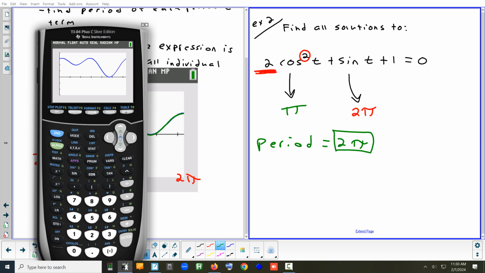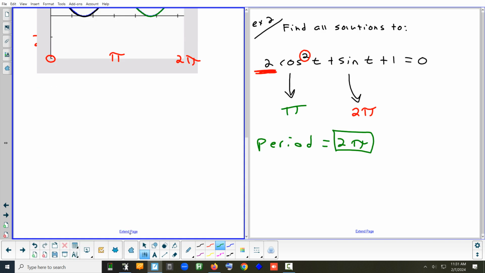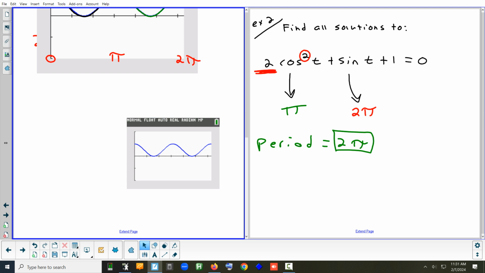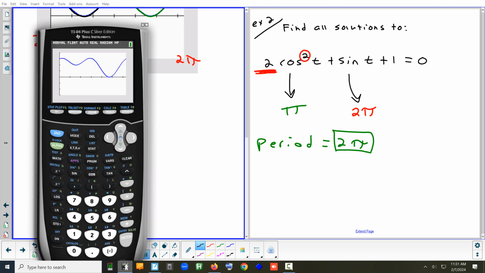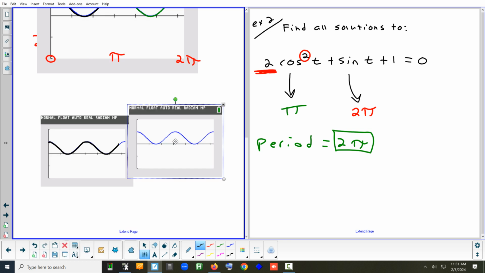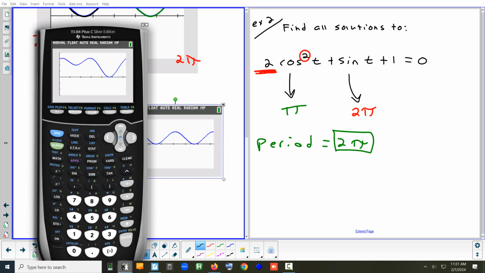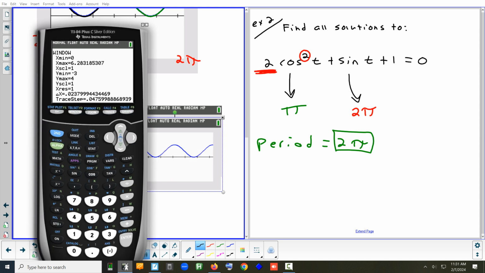All right. So that's what the graph looks like. Okay, that is one cycle. So that means if you took this, put it here, and you trace it, if you put another copy next to it, that would be the next cycle.